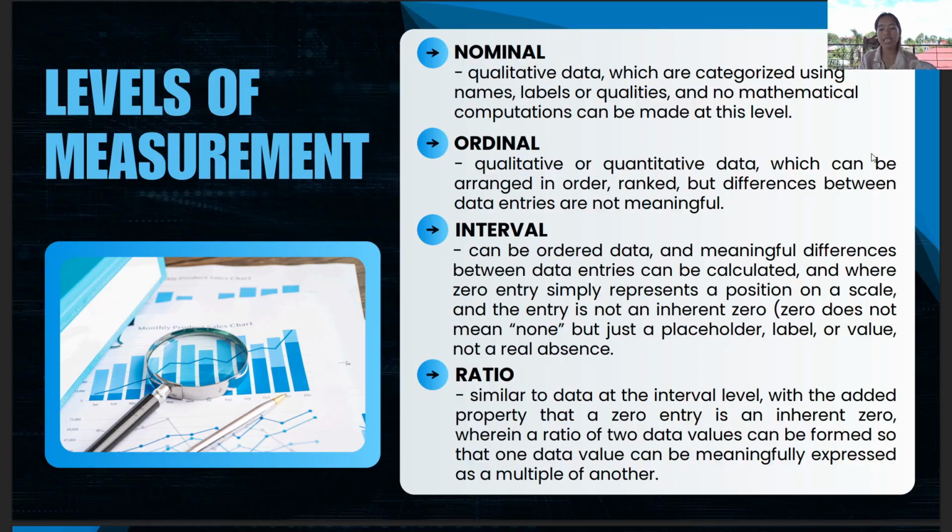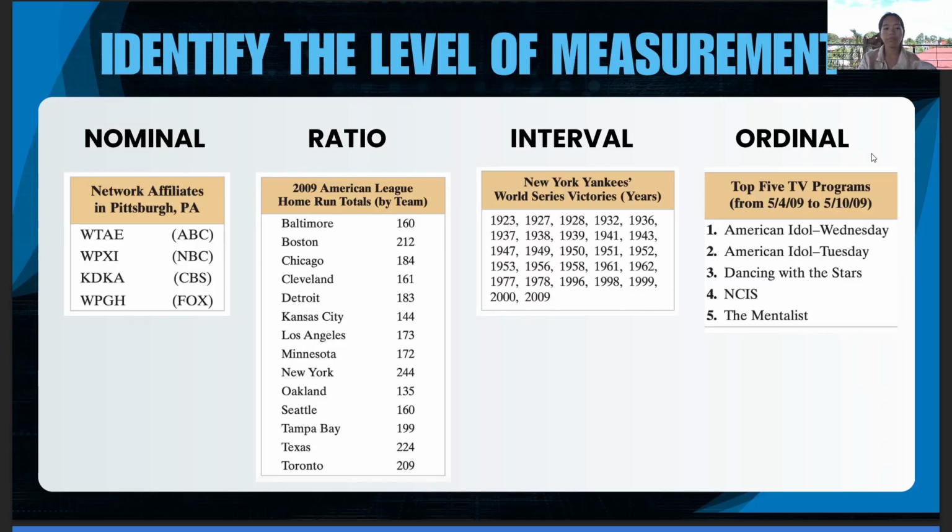It is similar to data at the interval level, with the added property that a zero entry is an inherent zero, wherein a ratio of two data values can be formed so that one data value can be meaningfully expressed as a multiple of another. So these are the examples of levels of measurement. We have the nominal, ratio, interval, and ordinal.